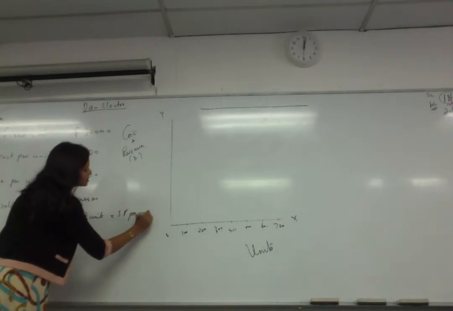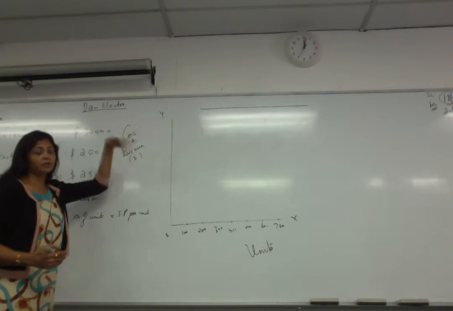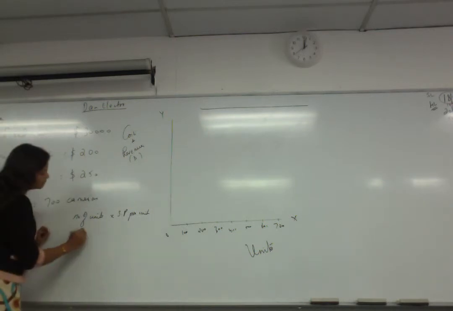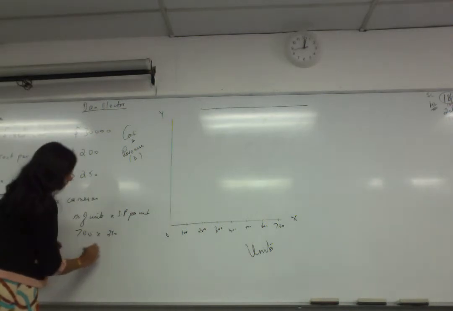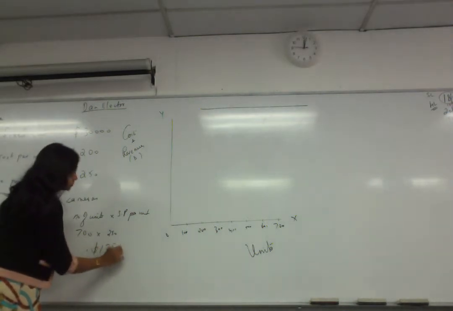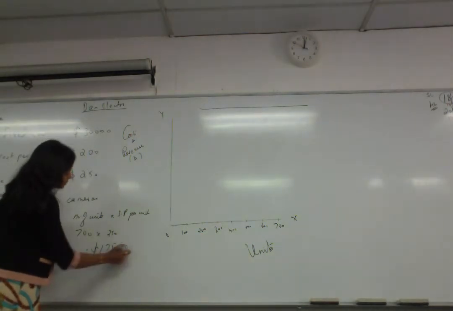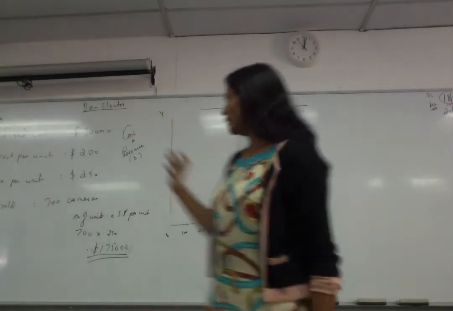For any question, this is what tells you what the y-axis has to be at its maximum point. The number of units here is 700 cameras. Selling price per unit is $250. So I think it is 175,000. Okay, so $175,000. That's what I know as the maximum point on the y-axis.